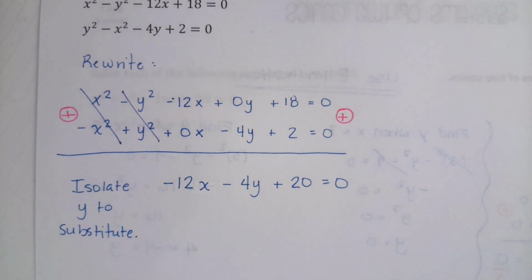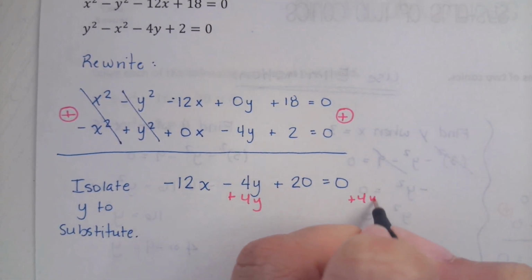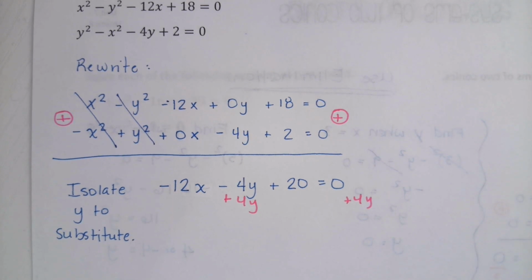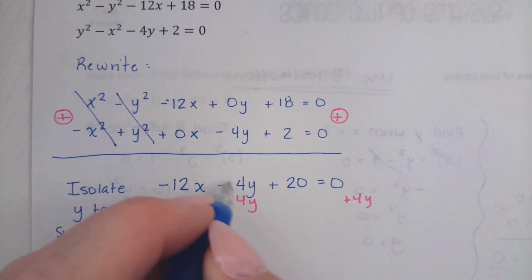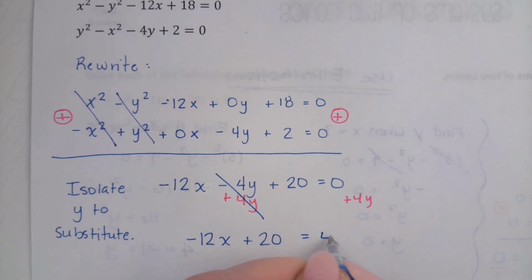Okay, so to isolate y, I'm going to move the y to the other side. So I'm going to plus 4y on both sides. Which should give me negative 12x plus 20 equals 4y.